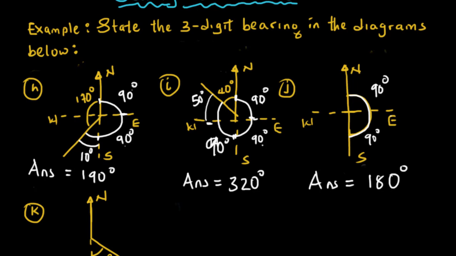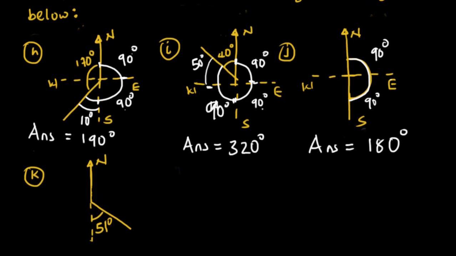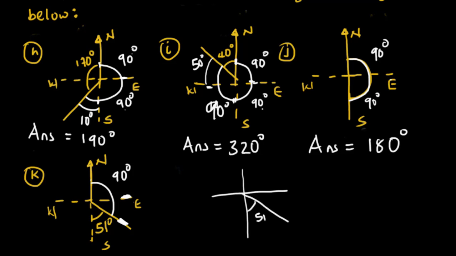Do you understand? Now let's take the last question. Now remember, first thing, complete the diagram. We have east, we have south, we have west. Now the next thing is that move from the north clockwise. So we are going from the north and we are moving clockwise till we get to this line. Does this make sense? Now we know north to east is 90 degrees. We are trying to find this place to this place. So how do we get that? Look, if we have this place as 51 and we are told to find this place, how do you get it?